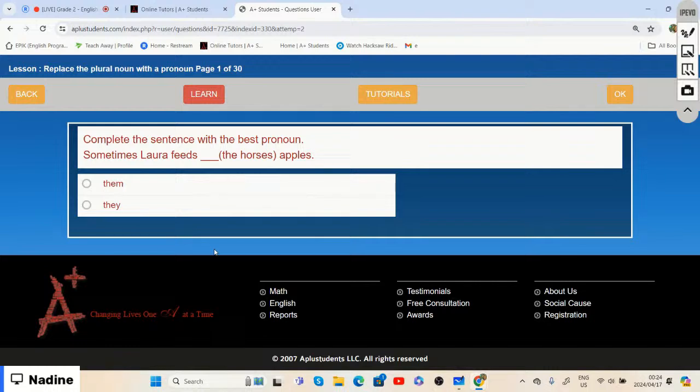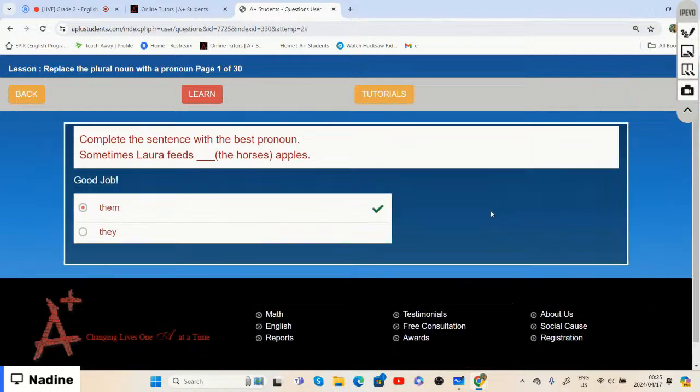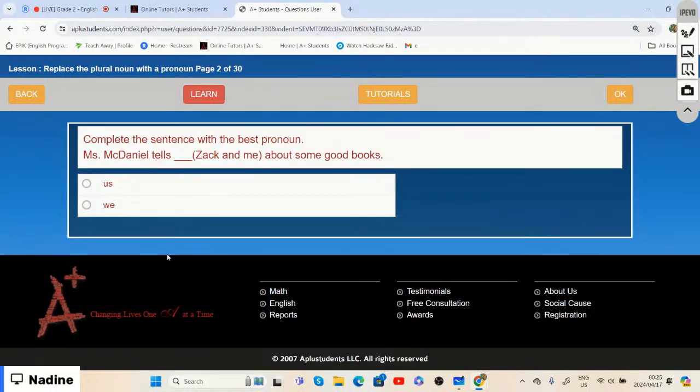All right, and if we were to choose the correct one, we would say sometimes Laura feeds them apples, and them refers to the horses. So well done. Them is correct. We need to replace Zach and me. Zach and me, right?